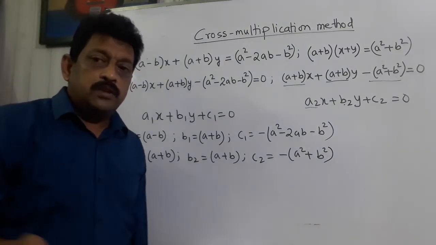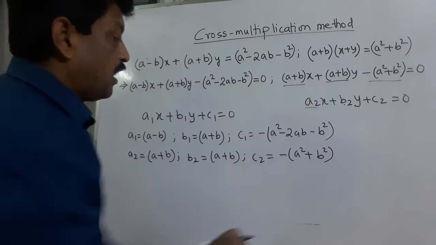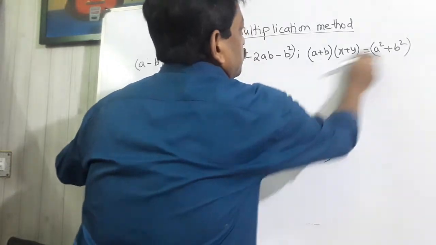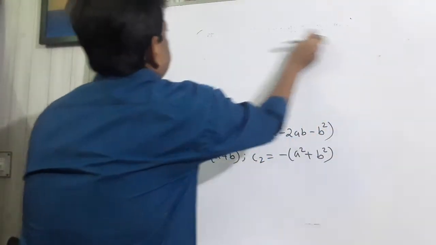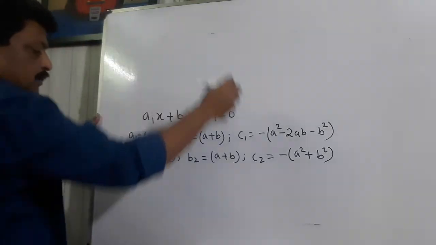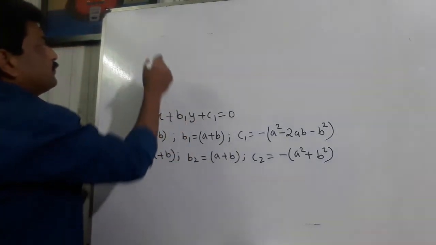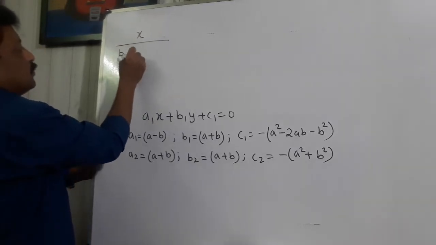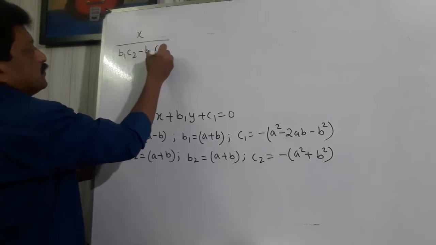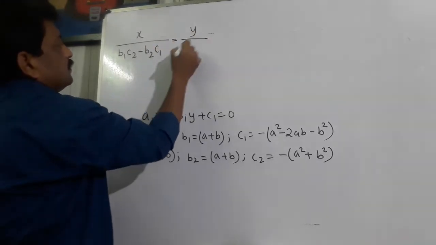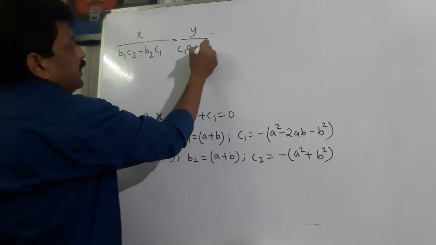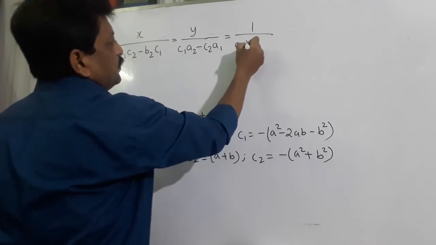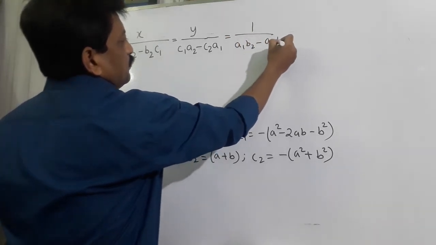Now we have to use the formula. The formula is also known to all of you. It is x upon (b1c2 minus b2c1) equals y upon (c1a2 minus c2a1) equals 1 upon (a1b2 minus a2b1).